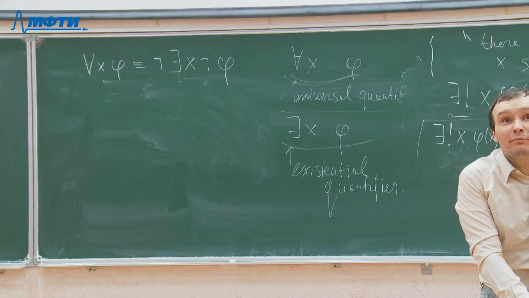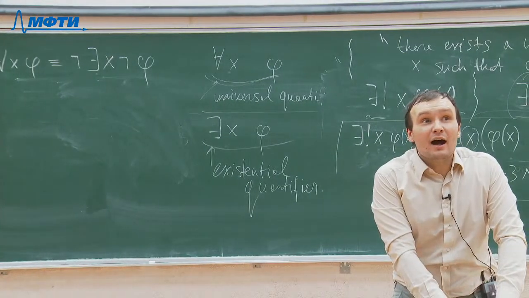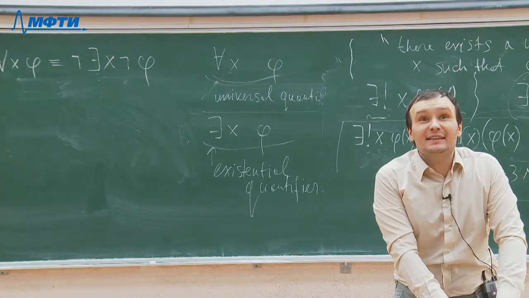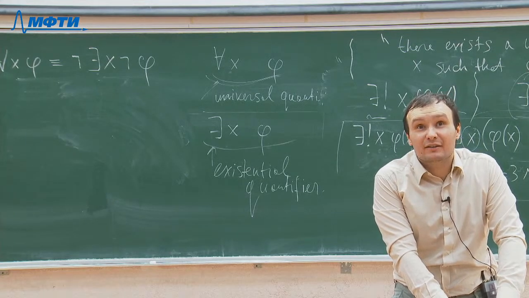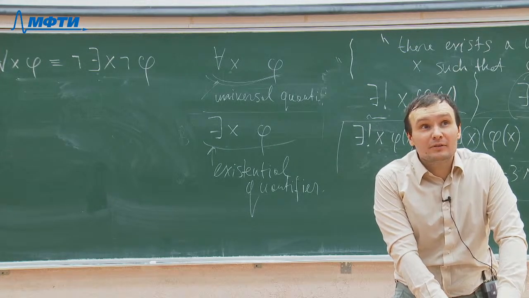Everything is blue if and only if it is not the case that there exists a not blue thing. Is it clear or not?